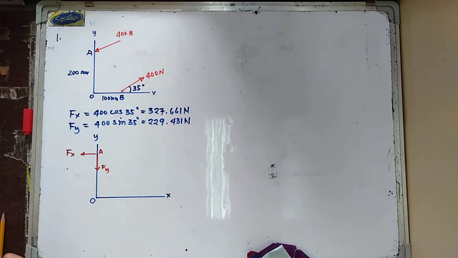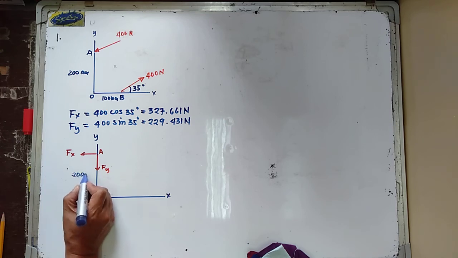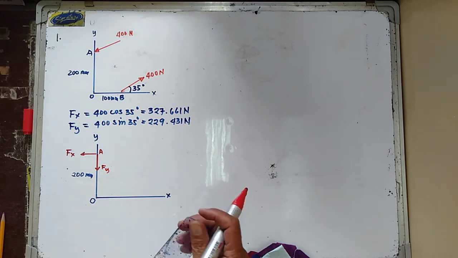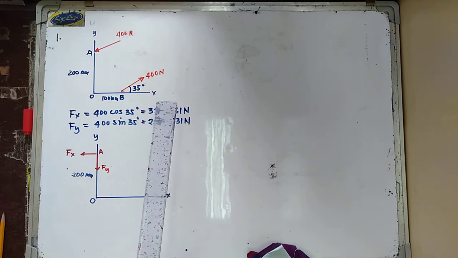So we have 200 millimeter. And the other force acting at point B is up to the right.